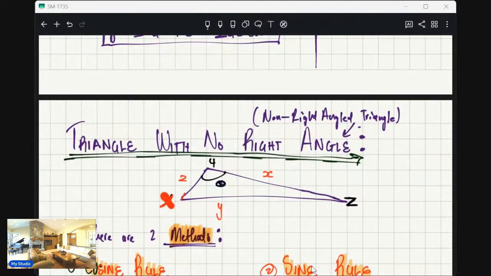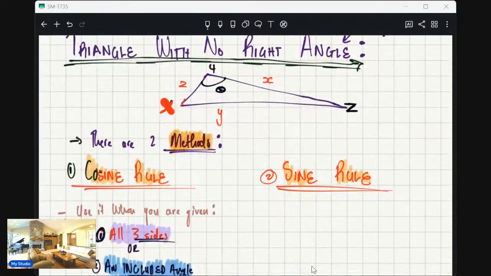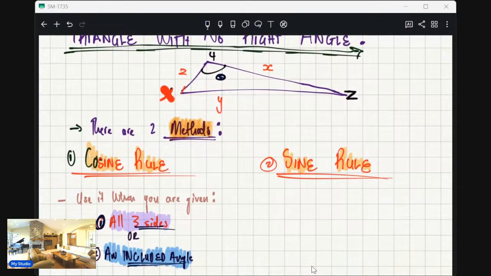Number one, the triangle must have no right angle. If the triangle has no right angle, then we have either the cosine rule or the sine rule. Now, for it to be the cosine rule, it must have all three sides.